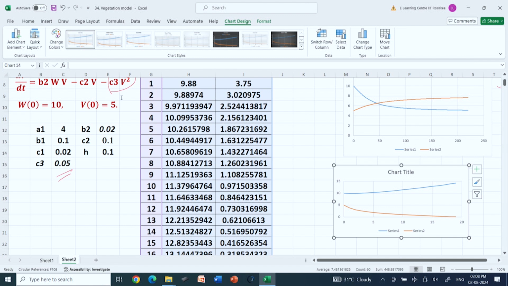So, the idea is that if you plant the vegetation, you keep a sufficient distance so that they do not compete against each other for the natural resources, in this case the water, which is very much needed for their survival.